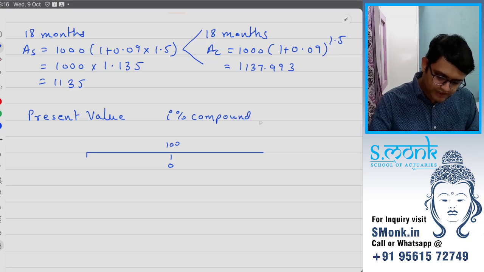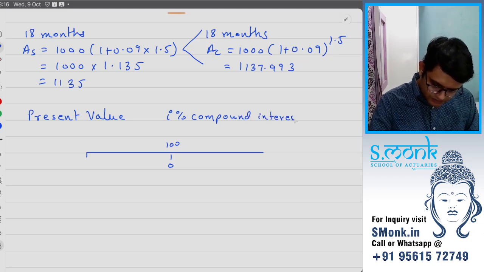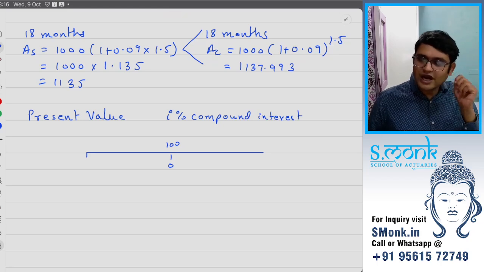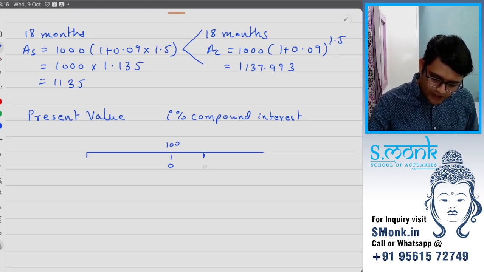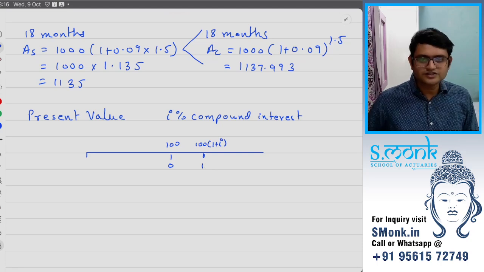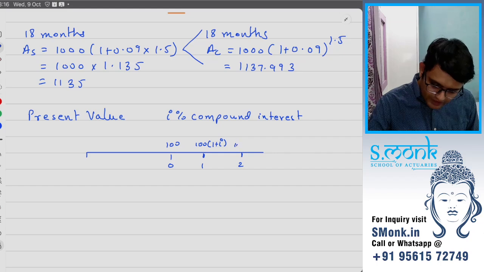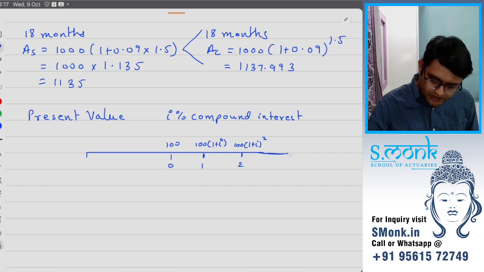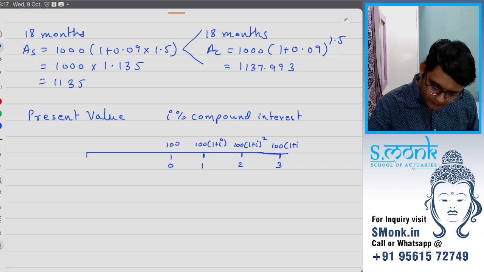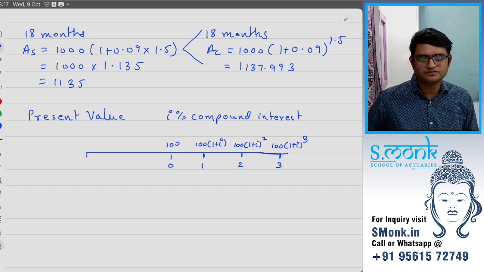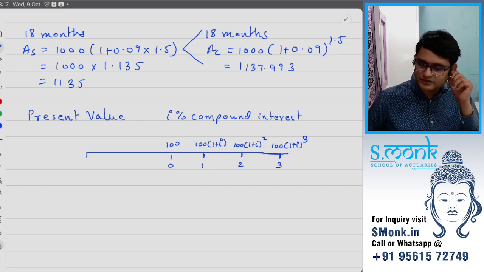So after 1 year, in your bank account you will have 100 into 1 plus I. This is the amount that you will have after 1 year. After 2 years you will have 100 into (1 plus I) squared. After 3 years you will have 100 into (1 plus I) cubed.